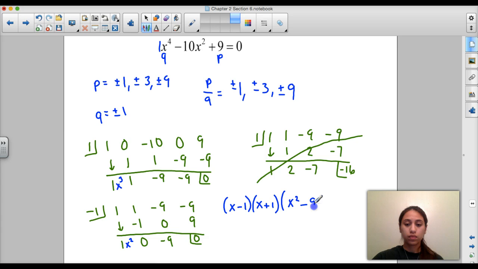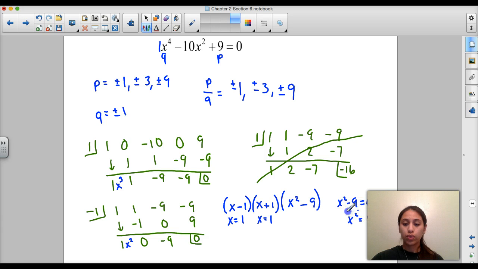minus 9. The way we've always found the roots is by setting them equal to 0. Like we said before, because we used synthetic division, we know that x is equal to 1, x is equal to negative 1, and if we set this equal to 0, we have x squared equal to 9.